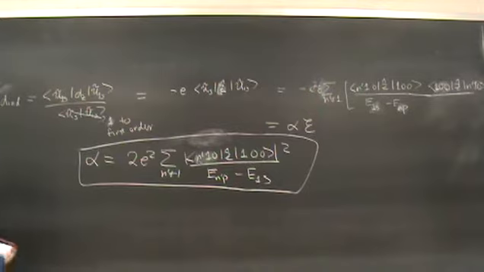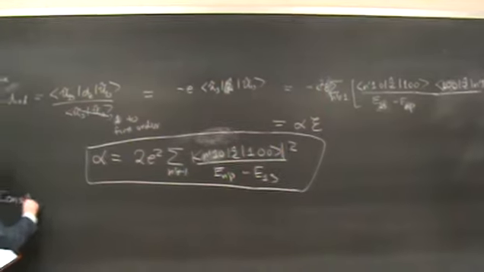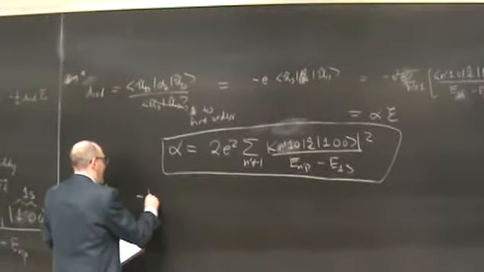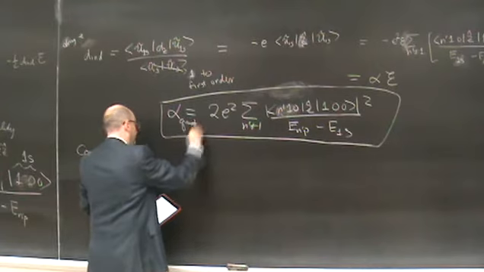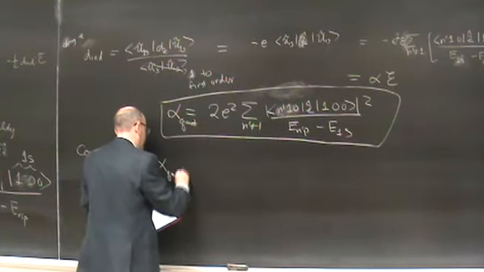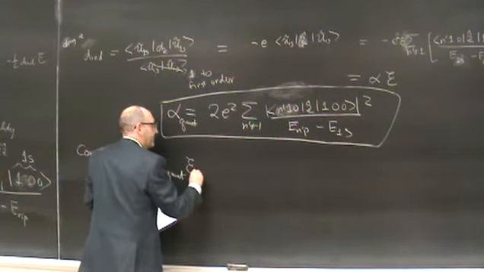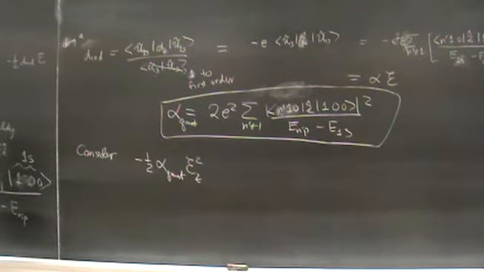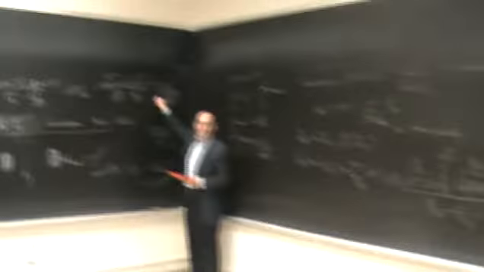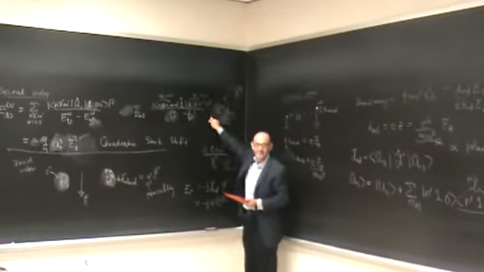Okay? So now let's just consider minus a half the polarizability. I'll call this the quantum polarizability times the electric field squared. Well, that's exactly what we have over here. Exactly.